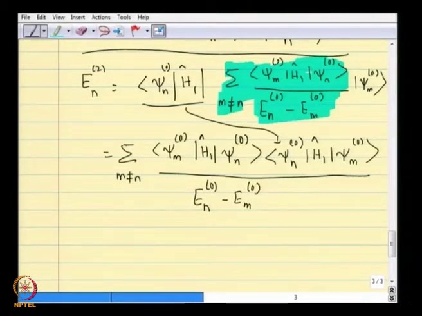Now, the summation is for both the denominator and the numerator, so you have to be careful that you write this as m not equal to n.